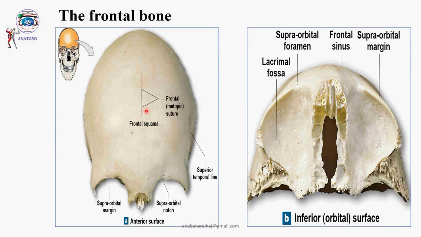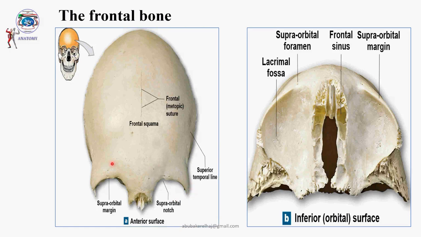The frontal bone, that means the bone which forms the forehead, consists of this part which is called the squamous part of the frontal bone, and here we have the most anterior aspect of the frontal bone, the nasal part or nasal process.